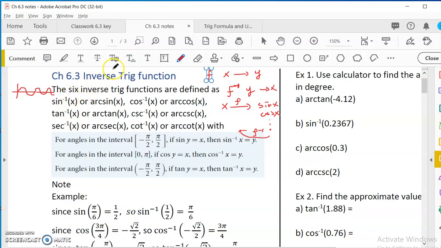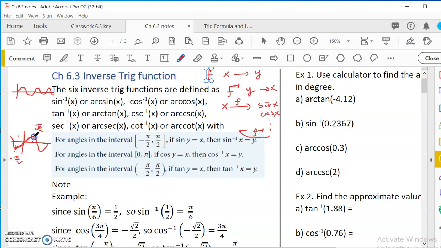So in order to create these 6 inverse functions, we pick some range of the domain of the original function and restrict it so that the function becomes one-to-one. For sine, we pick from negative pi over 2 to positive pi over 2.